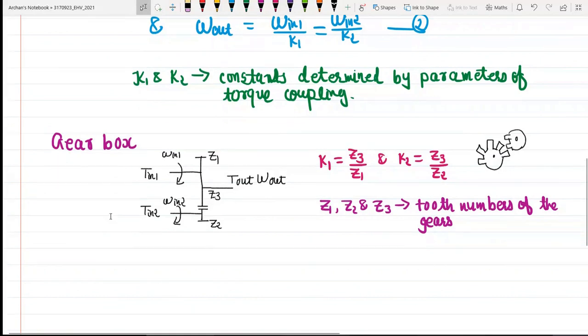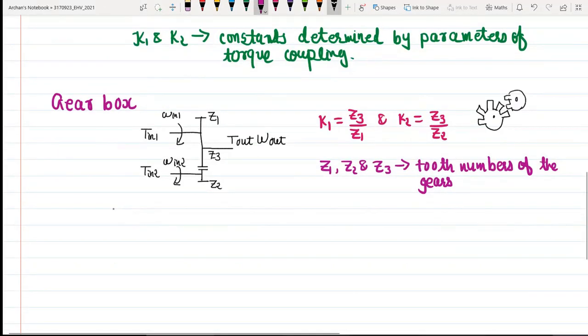Now there is another possibility to take this output, right, with the help of gearbox only. Let us try to explore this possibility. The first input is over here. Here is my second input, right? And these are connected mechanically via some gearbox in this fashion, right? Now what I'm doing, I'm taking output over here only.